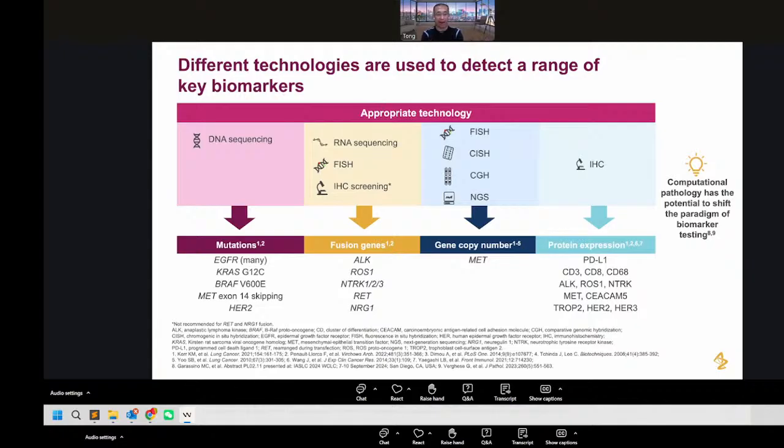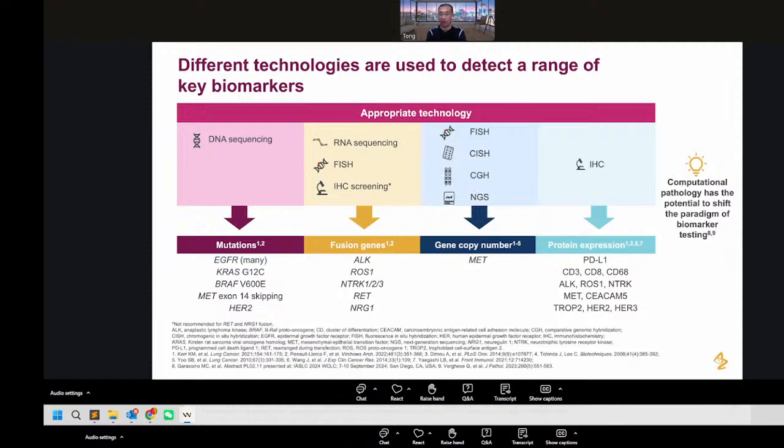Moving to the right, IHC is not something new, right? It's been around for maybe 50 or 60 years, since the 70s, when it started being routinely used in the clinic. So it's an old technology, but it is still being utilized in the clinic today, because you have all probably heard about PD-L1. That is a very famous expression biomarker, but also others like ALK, ROS1, and CD3, CD8, to look at the tumor microenvironment.